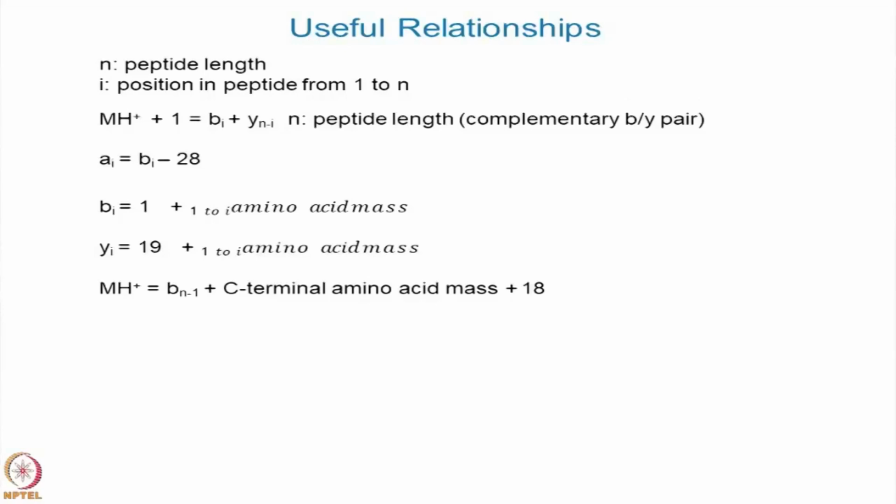I'm always going to talk about the parent mass as being singly charged. The B ion is singly charged, the Y ion is singly charged, so if you add the 2 together, you get the MH plus 1. Those are complementary ions as shown up here. So B ion plus Y ion is the same thing as MH plus 1.